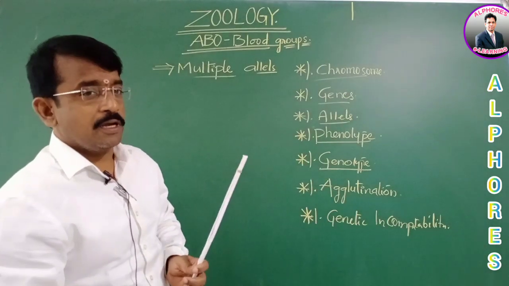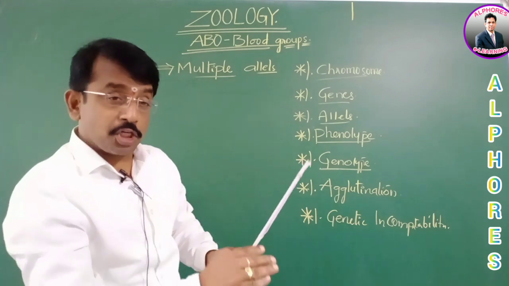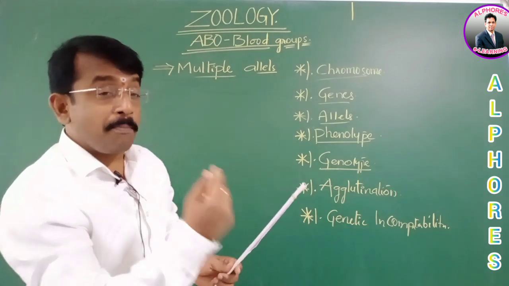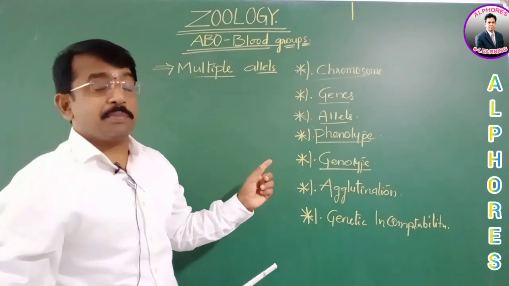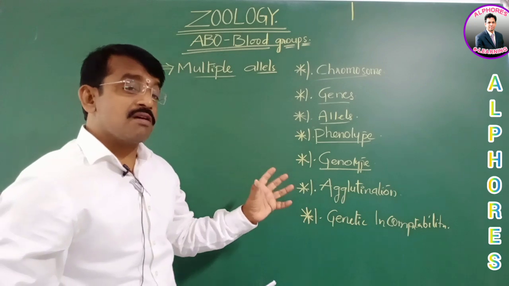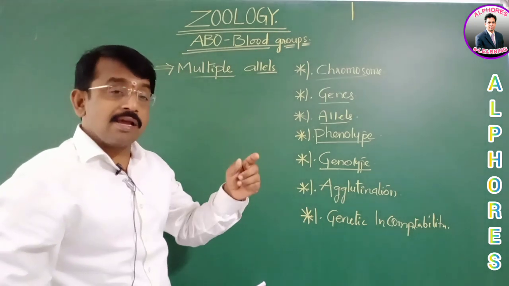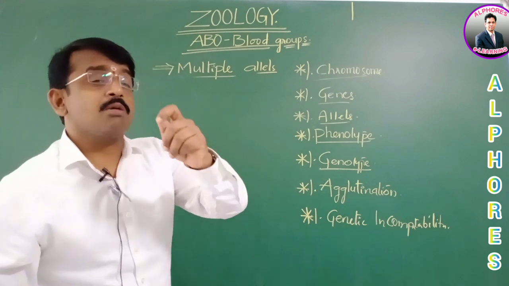For suppose, if somebody is tall, somebody is short, somebody is with dark pigmented color, somebody is with light pigmented color, the presence of abundant hair, wrinkled curly hair, these are all characters under the control of genes.